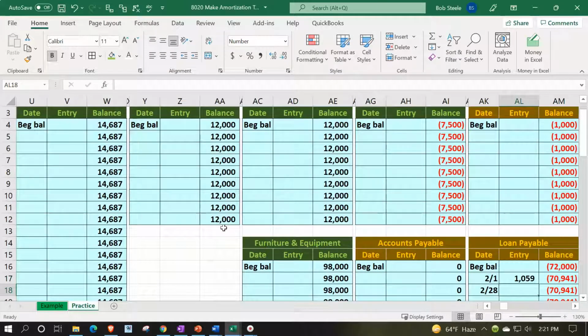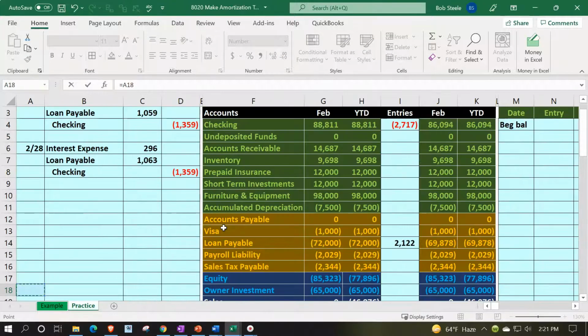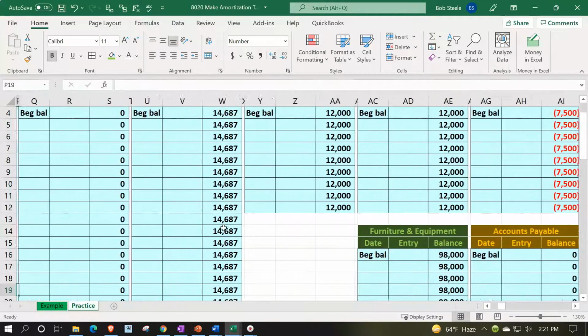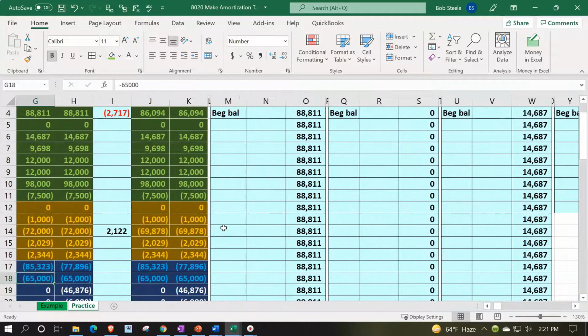Then the loan payable on AL18 for the 2/28, the end of the month, which we're basically saying the next month or the second payment, the 1063, which brings us to that 69,878, which should be the amount after the second payment on the amortization table, as well as the amount on the trial balance, 69,878 right there.